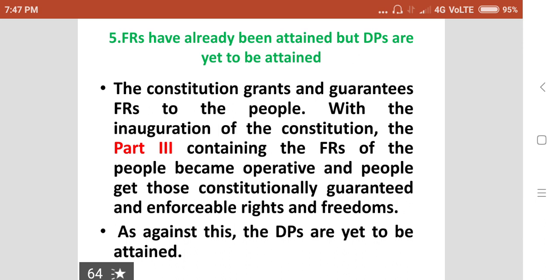With the inauguration of the Constitution on 26th January 1950, Part 3 containing the fundamental rights of the people became operative, and people got those constitutionally guaranteed and enforceable rights and freedoms. As against this, the directive principles are yet to be attained.